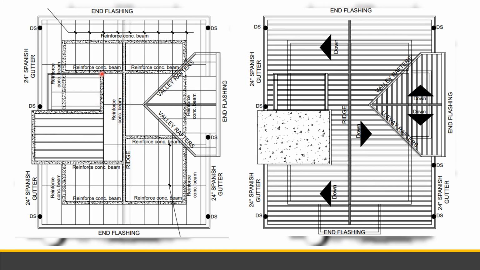This is the roof beam. Yung roof beam yung magka-carry ng mga trusses natin. So the gutter, end flushing, then reinforced concrete beam, yung mga rafter trusses. Nakalagay dyan, but for the details, makita na din sa mga details na part din.